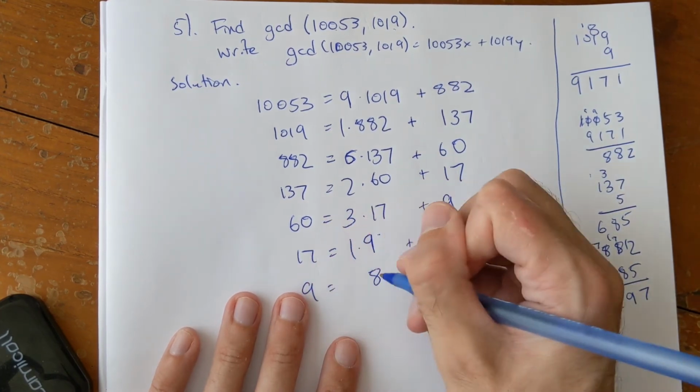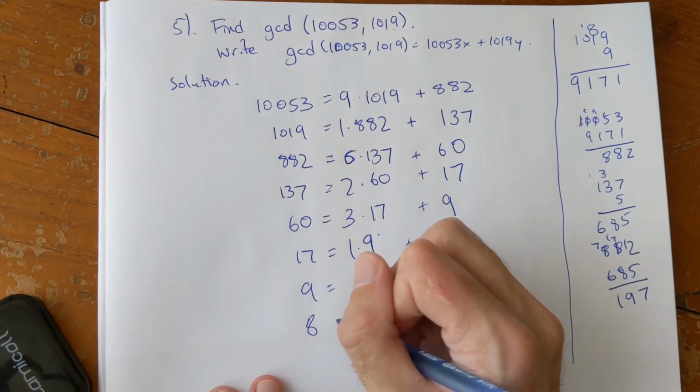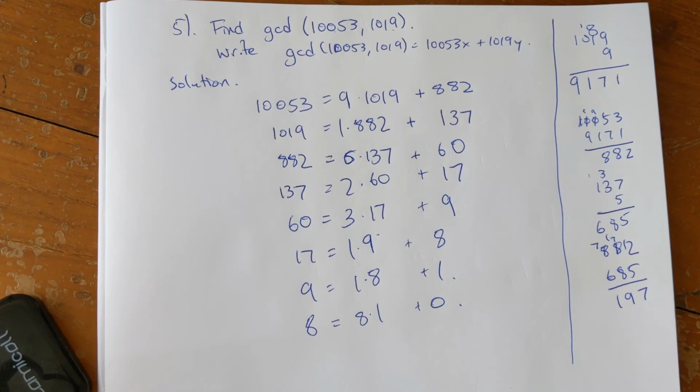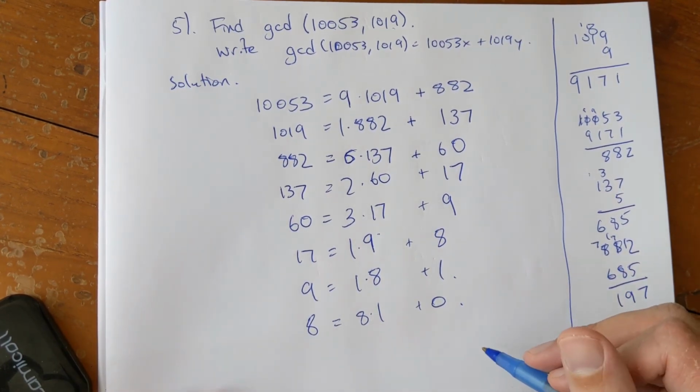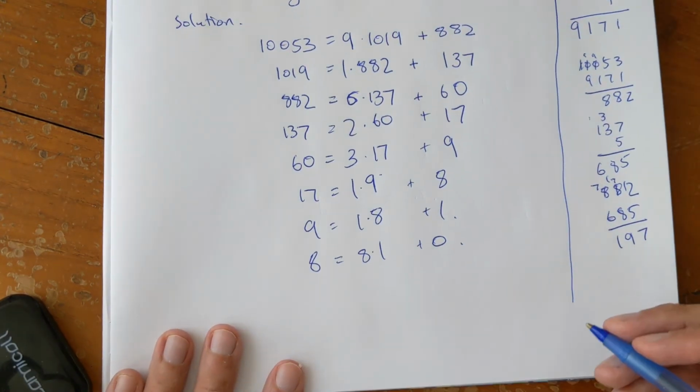And 8 goes into 9 once with a remainder of 1. And now 1 goes into 8 8 times with a remainder of 0. Okay, so the GCD of these two numbers is 1. And now we have to write 1 in terms of 10,053 and 1,019.